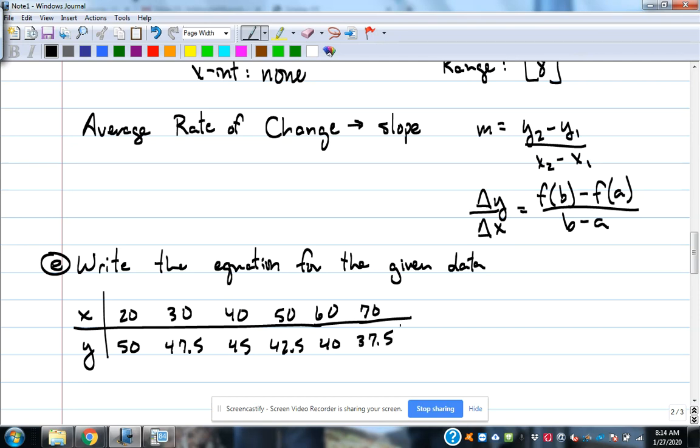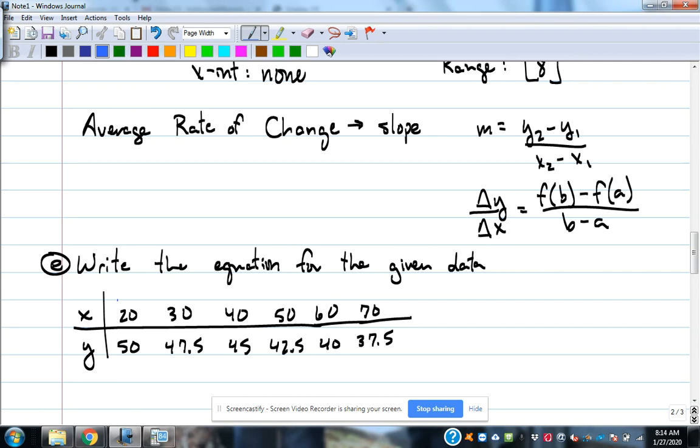They give us that data there, and they want us to write the equation of that data. How do we do that? Pick two ordered pairs and write the equation of the line out of that.